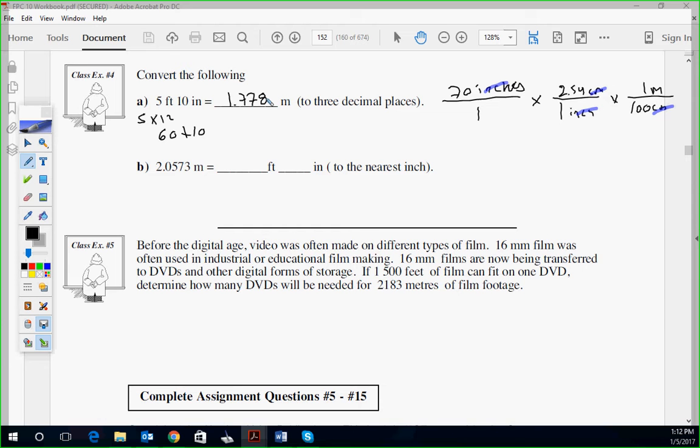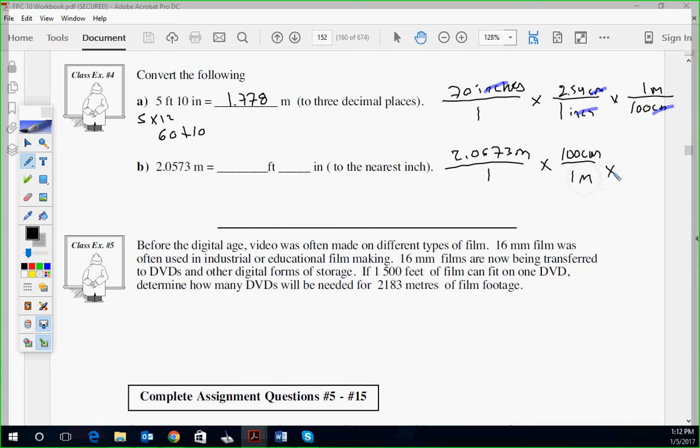They're going the exact opposite way. So again, let's get it all in inches, and then we'll convert to feet and inches. So 2.0573 meters. Times, I want to go to centimeters next, because I'm trying to go to inches. So 100 centimeters, 1 meter.